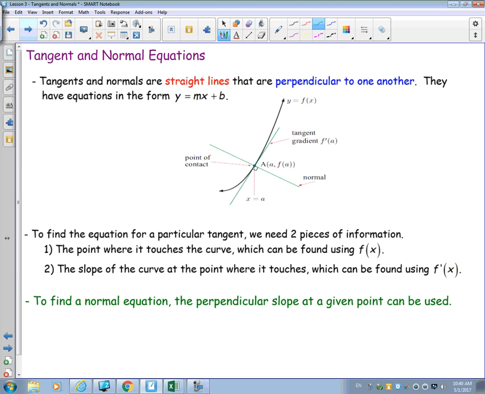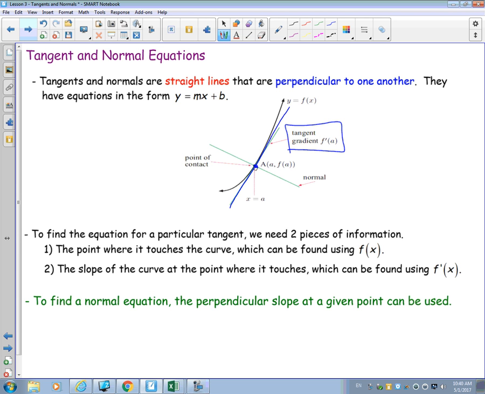Let's do a little more theoretical thing for a second here. To find a particular tangent and a normal, we'll talk about normals in a second. To find a particular tangent, that's a straight line. That's an mx plus b. A normal is related to that. It's the perpendicular to a tangent. So look at this diagram right here. You see your tangent at a certain point, point A. It's going this direction.